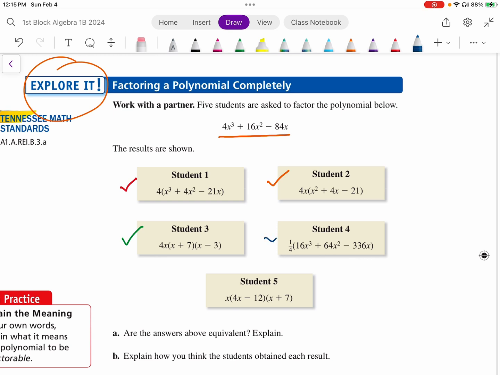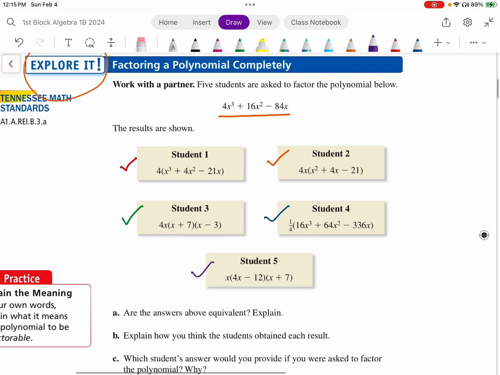Student 4 has 1/4 times the trinomial 16x to the third power plus 64x squared minus 336x. And finally, student 5 has x times the binomial 4x minus 12 times the binomial x plus 7.